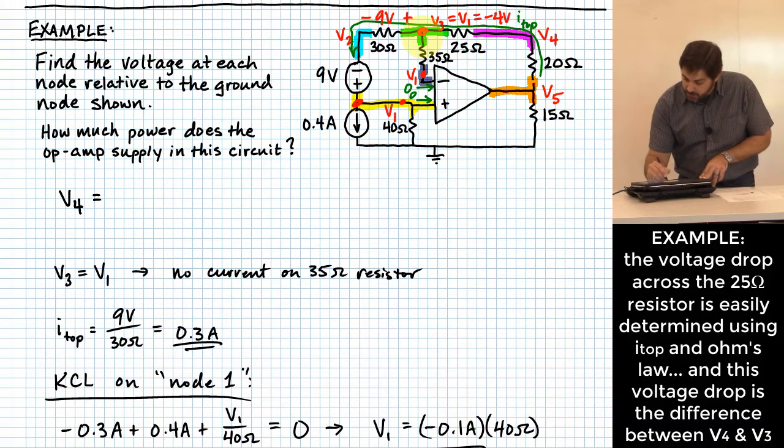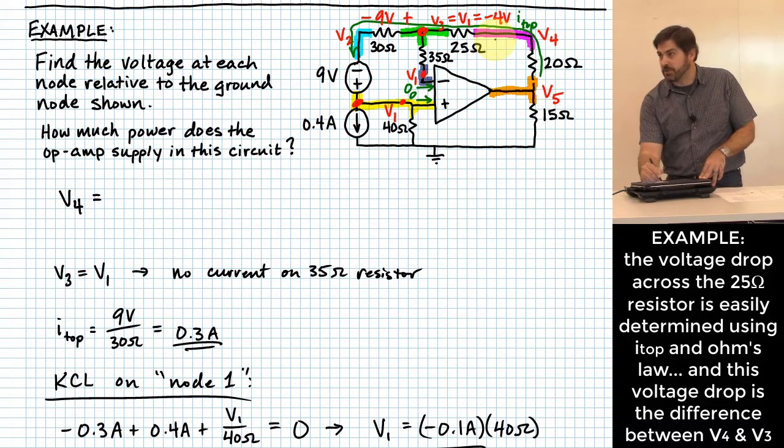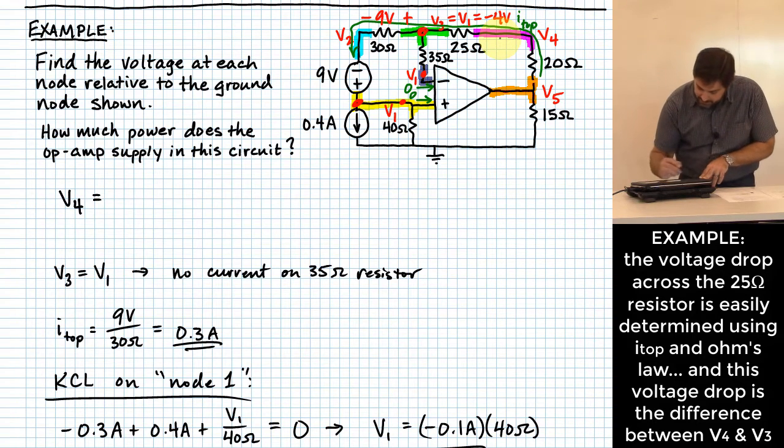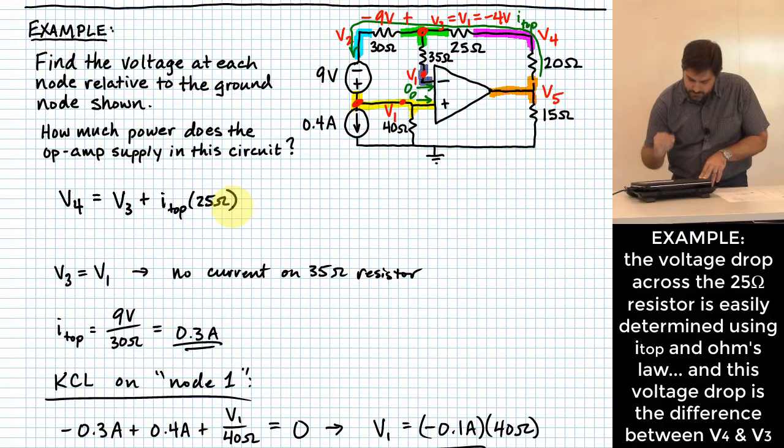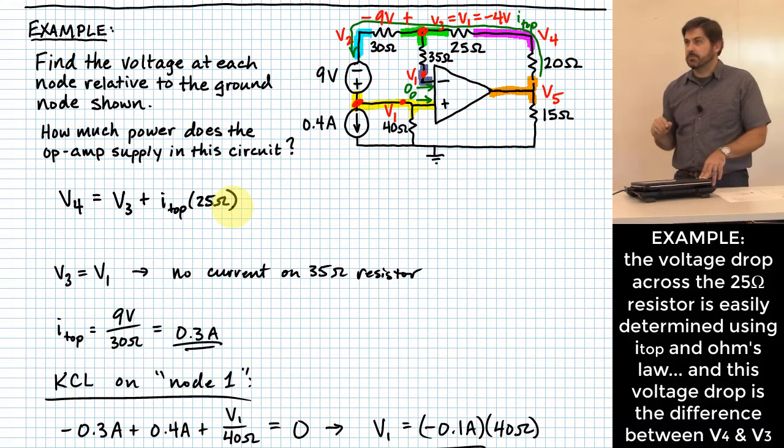That means that if I know the voltage on the green node, to find the voltage on the purple node, all I have to do is add the difference, right? So I could say V4 is equal to V3 plus I top times what? 25 ohms.